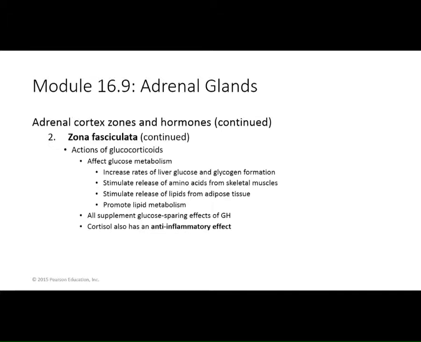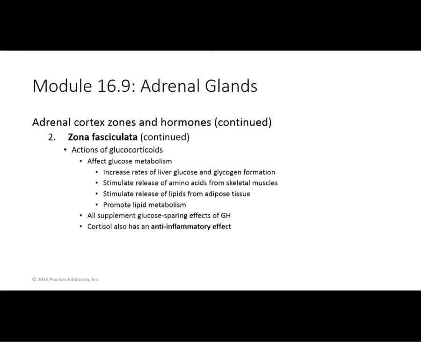So when you're having a low blood sugar moment, your liver can make sugar, because your brain requires glucose. And if your brain doesn't have glucose, it shuts down. It has to have particularly glucose. It can't use other sugar types. So when your metabolism is such that you don't have enough glucose for your brain, your liver will make some for you. It also is going to increase the rate of glycogen formation.